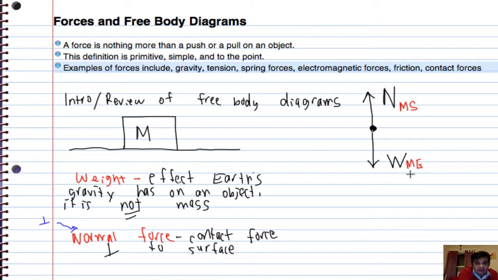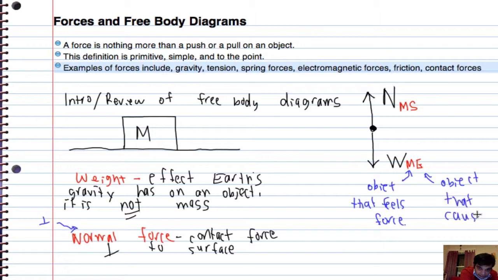So when you label your free body diagrams, I expect you to write first, as a subscript, the object that feels the force, and then the object that causes it. And that's the same with this normal force. It's the mass that feels the force, and it's the actual surface of the ground that causes this force. So that's something I want to be very clear on in the free body diagrams.